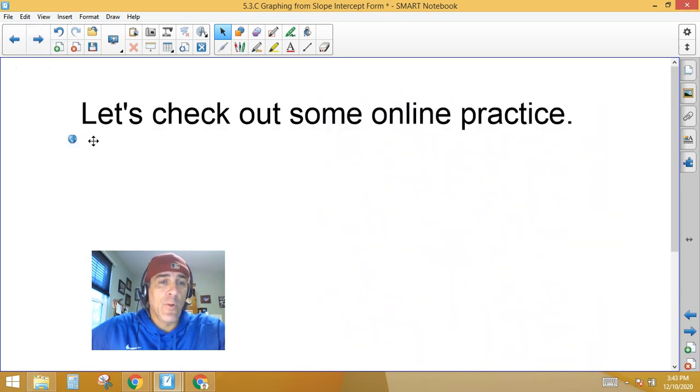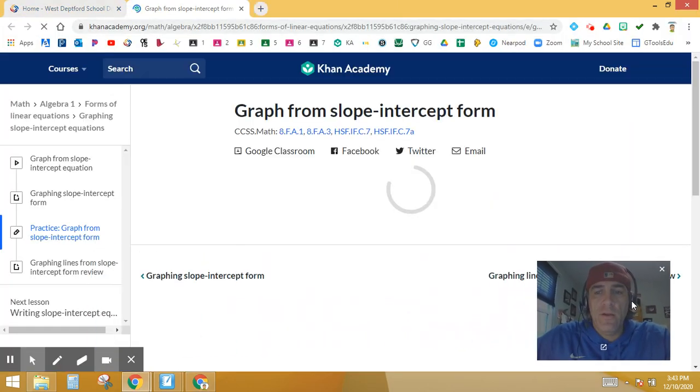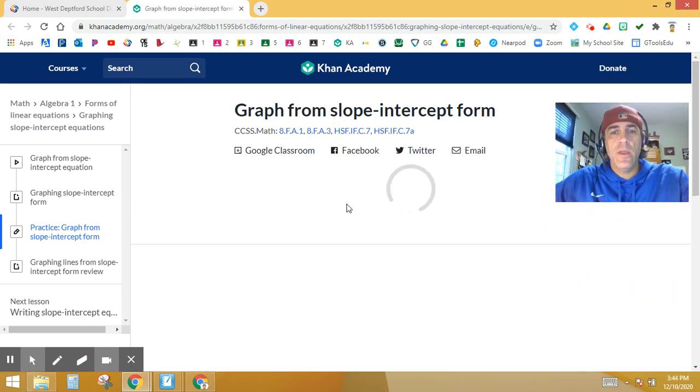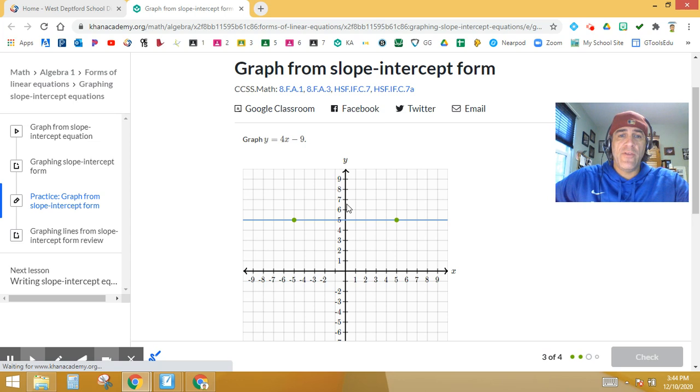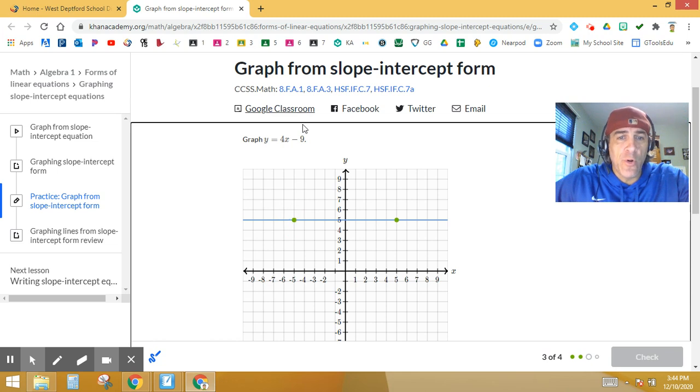And now lastly, let's check out some online practice. How would we do this, let's say, with Khan Academy? So here is an example. Bear with me as it loads. Actually, this is one of your assignments, to graph. Maybe you actually get this exact problem. So let me show you how to do this online. The equation is y equals 4x minus 9. I'm going to pick one of the 2 points that it provides. I'm going to go to -9, since that's my y-intercept.